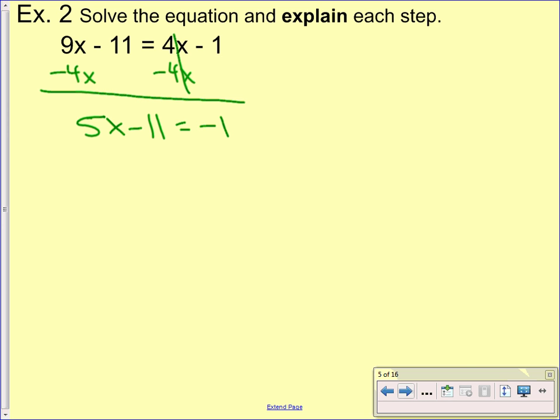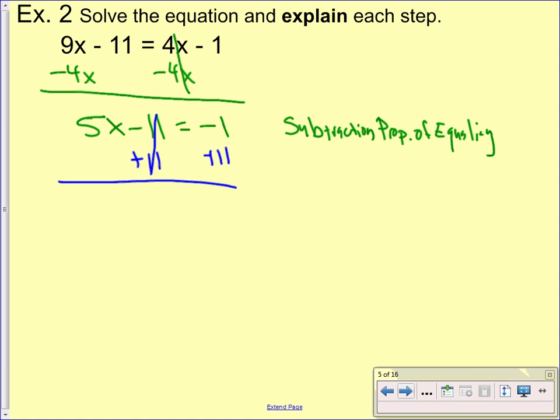I justify that step with subtraction property of equality. Next, I'm going to move the 11 over, adding 11 to each side. And I get 5x equals 10. I'll justify that step with addition property of equality.